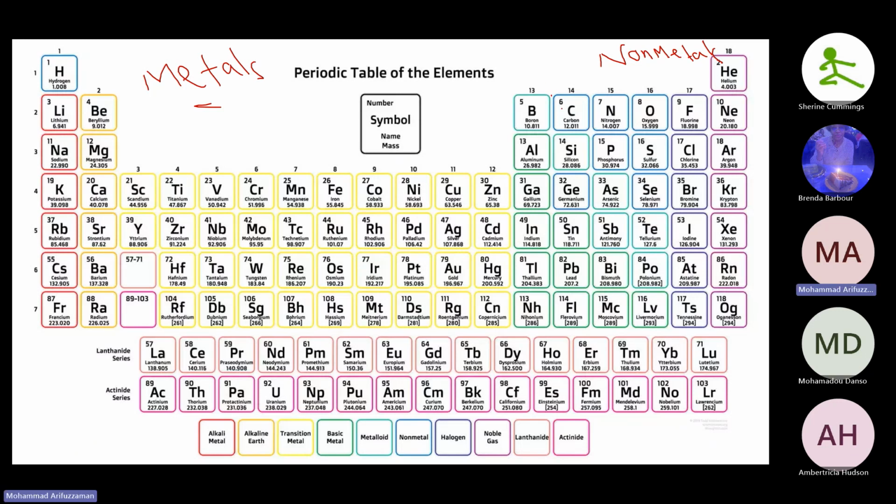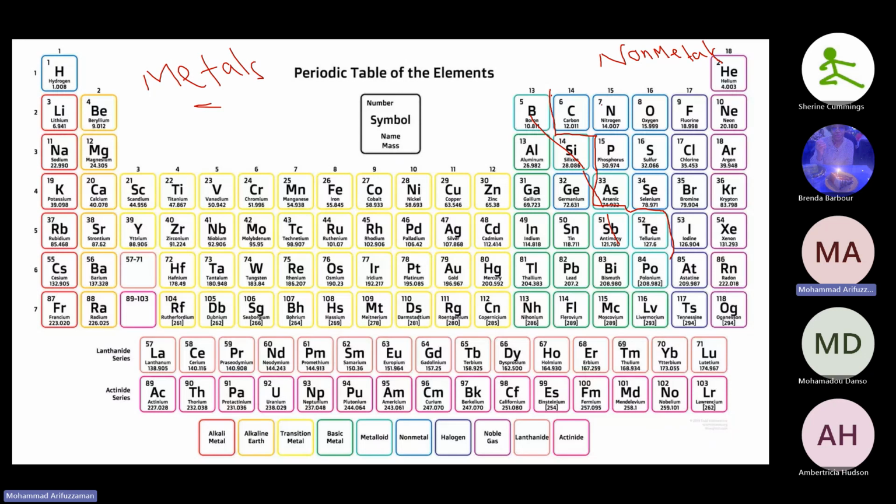For example, we can draw here. Can you see the zigzag line? Let me draw the zigzag line. This is the zigzag line. So these elements are called metalloids. Metalloid means these have both metal and non-metal properties.